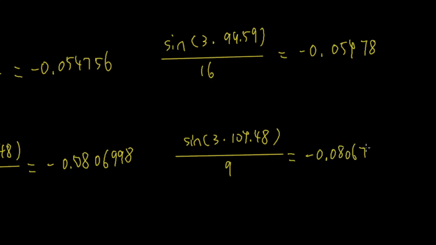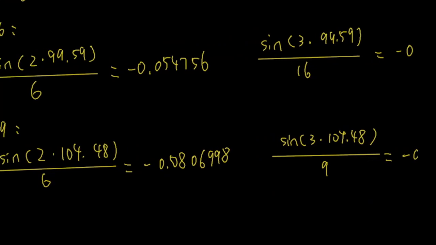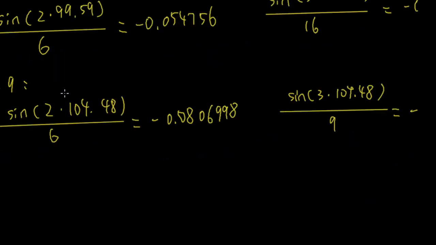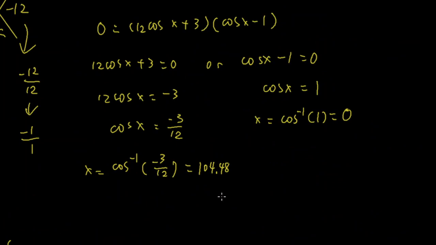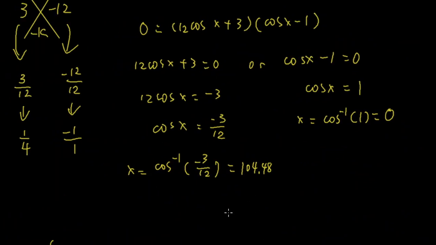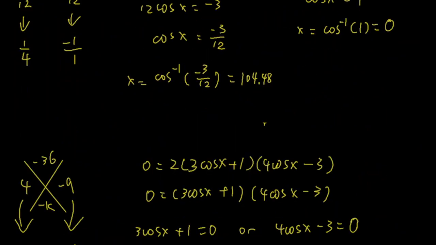Again, it's just a slight difference here. That's the rounding difference, because 104.48 is just an approximate value. Now, this one here has two values, so x can be 0.